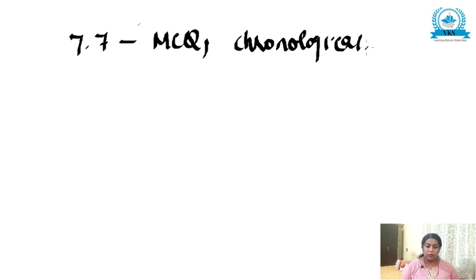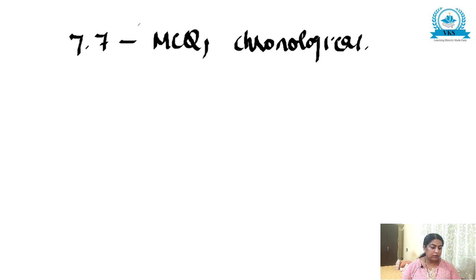For example, an MCQ like 'the work of Alur Venkatarao is', or 'the first chief minister of Mysore after unification was', and any events during the time can also come as chronological order. So all these questions, MCQ and chronological order, are from 7.7.